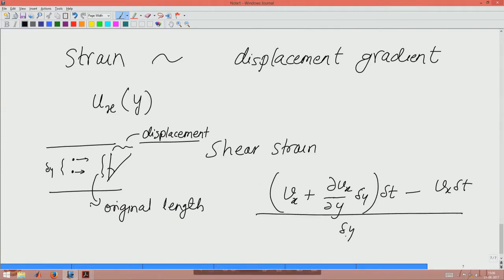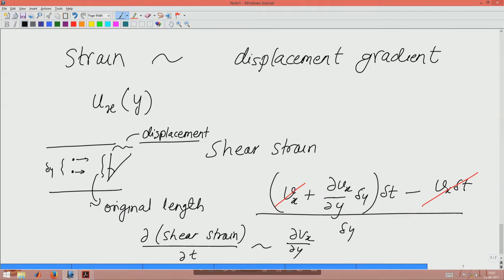This is the measure of shear strain, and if we take delta t out and take delta t tending to 0, then that will be the rate of shear strain or strain rate. So, that will be the velocity gradient, because V x delta t and V x delta t will cancel out, and then we can say that del shear strain by del t is nothing but del V x by del y.